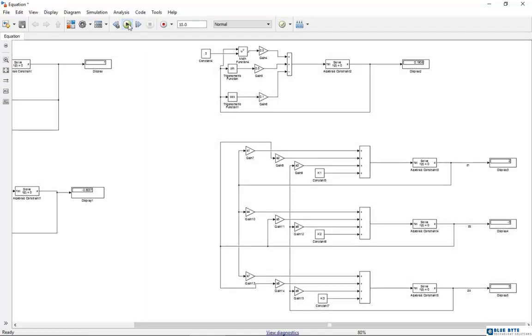So after entering the parameters, we can start the simulation.